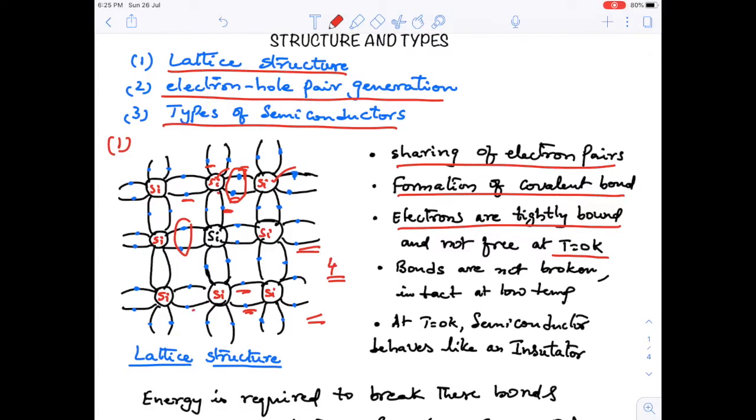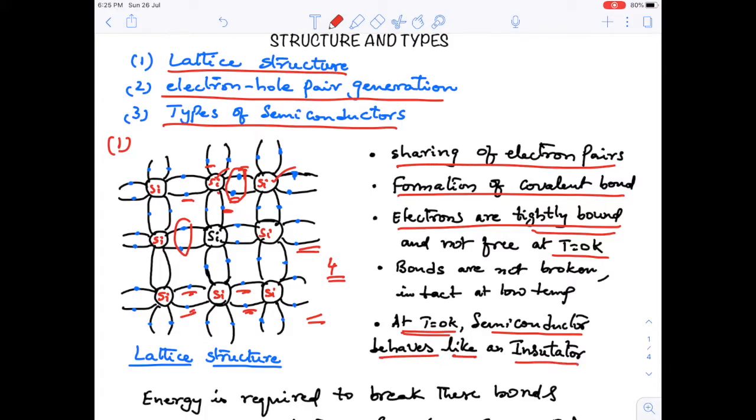These electrons are not free and they are tightly bound, and therefore at T equal to 0 Kelvin, you do not have any free electrons available for conduction. Therefore what will happen? A semiconductor behaves like an insulator.